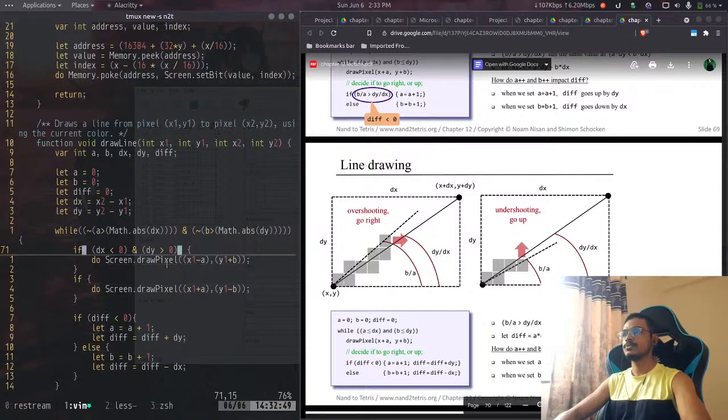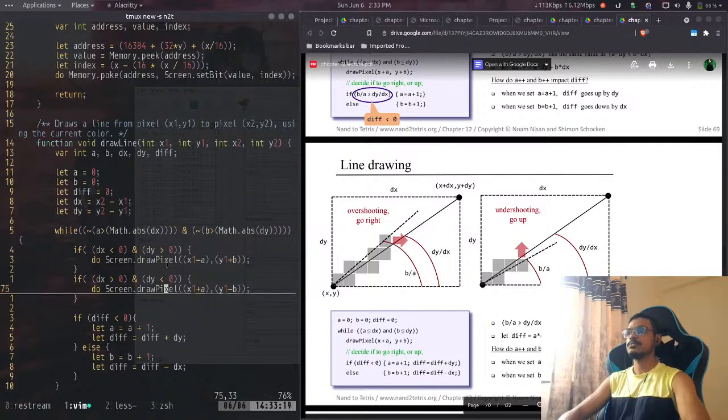Oops. This means we will have to write different if statements. If dx is greater than 0 and dy is less than 0, then yeah, this is good.